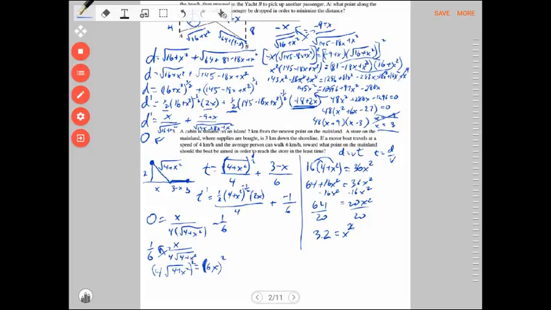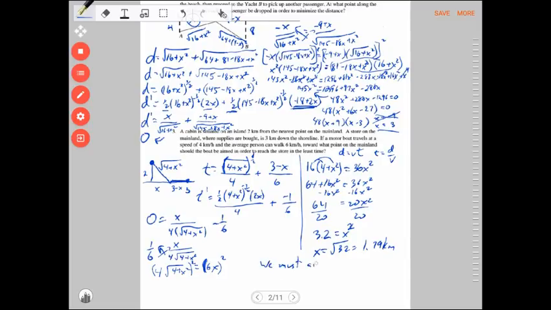Okay, and then square root. So x equals the square root of 3.2, which is 1.79 kilometers. Okay, so we aim our boat to a point 1.79 kilometers down the shore.